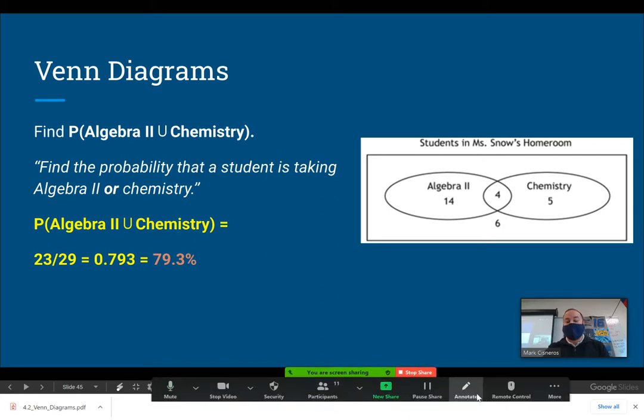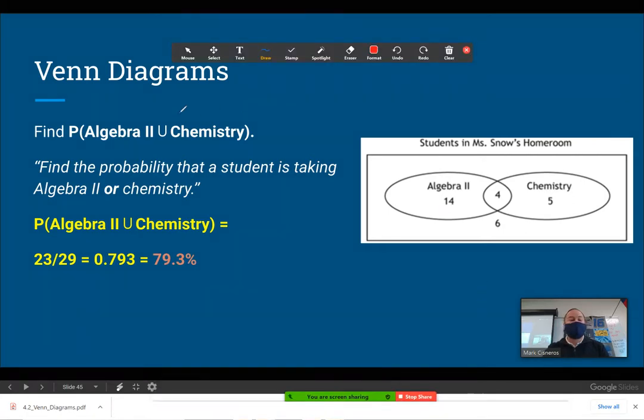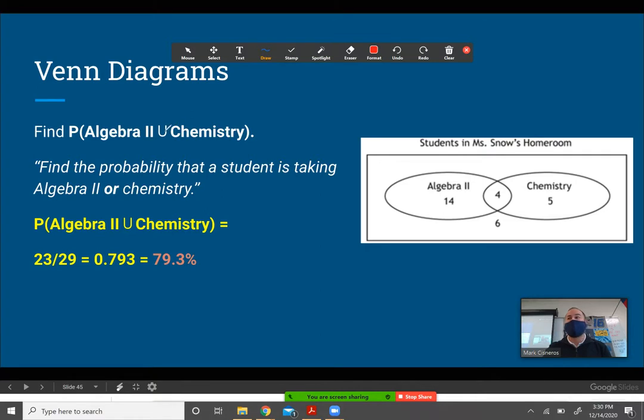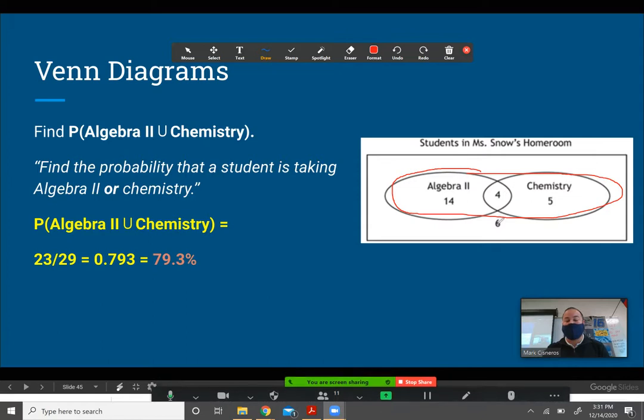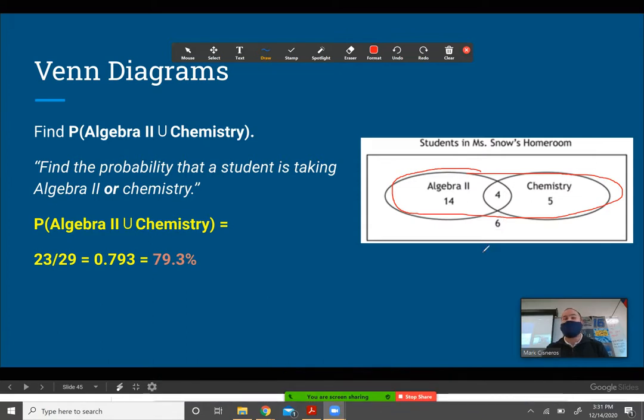Now go back and look at your notes. What was this called when it was 'or'? Union. The union of A and B. The union means I am combining everything, with the exception, obviously, of the ones that are not. So that's where the union comes from. All right, I got 2 more.